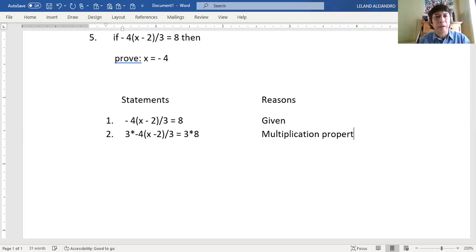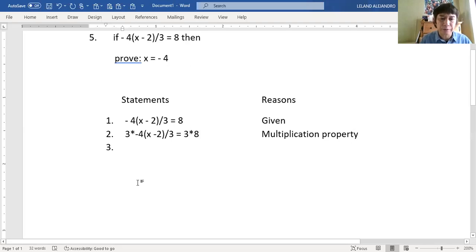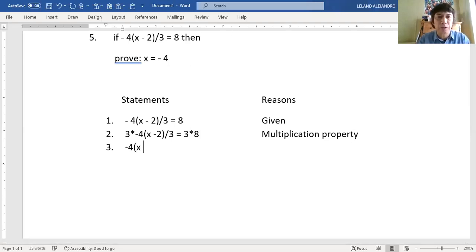There. And so this number 3 here cancels out with this number 3. Our left side will just be negative 4 times the quantity x minus 2. And this is equal to 24, yes. And that will be by way of simplification. There.